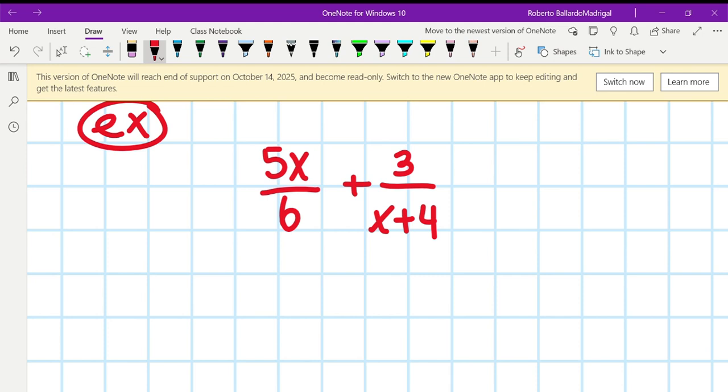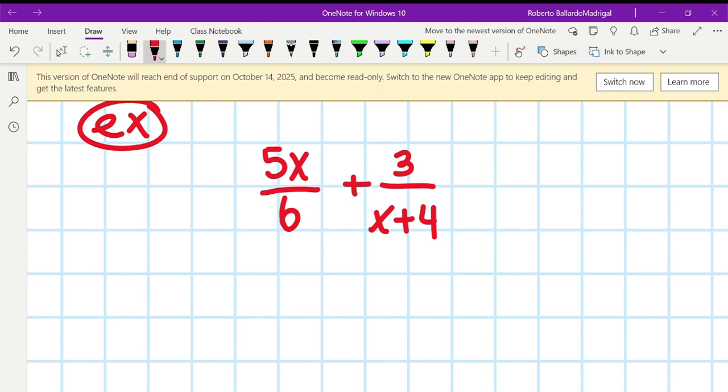Okay, so think about this question now. Think about how it's different than the ones that we've looked at so far. You really can't find a common multiple between 6 and x plus 4, but you can still come up with a common denominator for that by putting it all together. So this is what I mean.